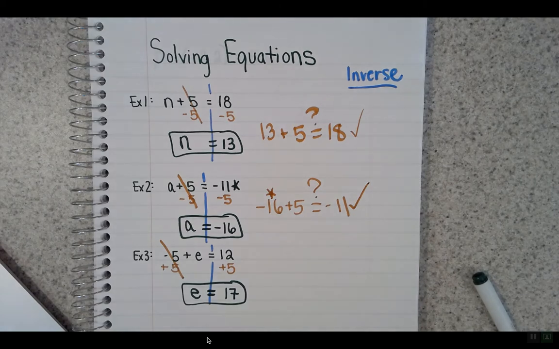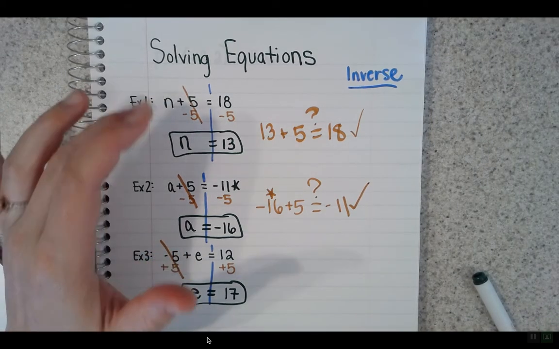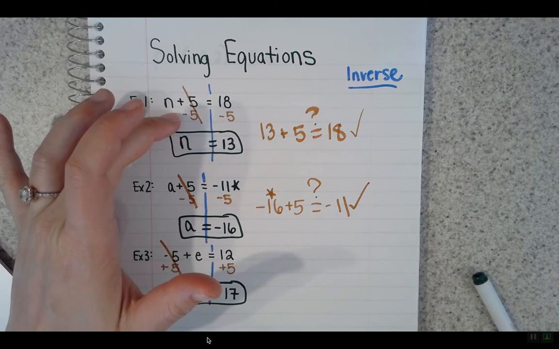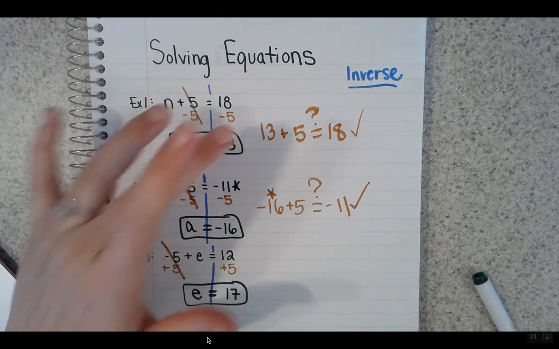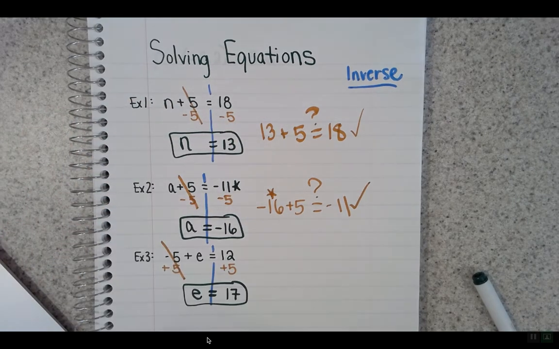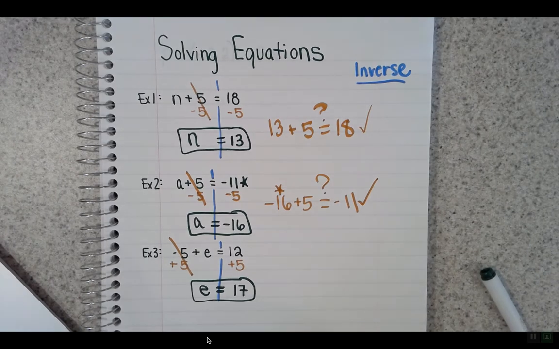When you guys are doing your work today, I know that some of the problems are mental math. I realize that. But I want to see your inverse work because very soon you'll be facing problems that are too difficult to solve using mental math. You're going to be needing the inverse operation to get to your final answer. These three are examples of one-step equations.